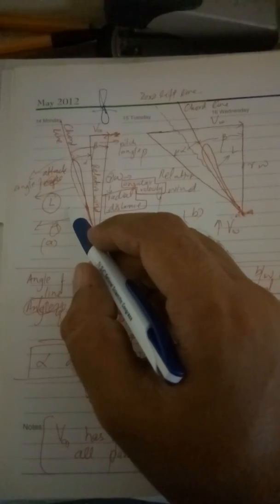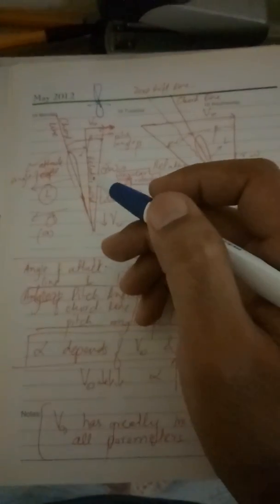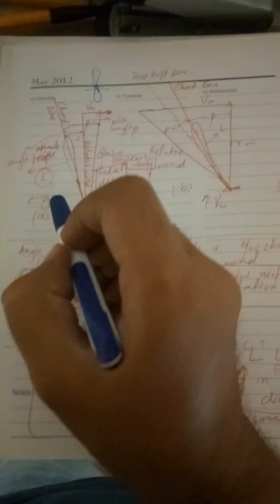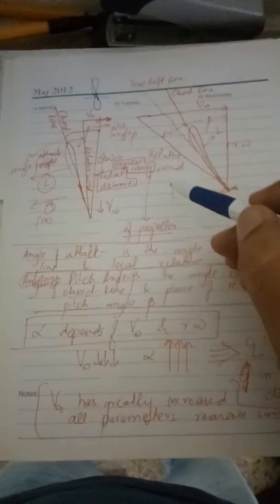Because of that, a lift angle is generated, and the lift is actually generated. It will also give us a positive impact, and the velocity is decreasing.